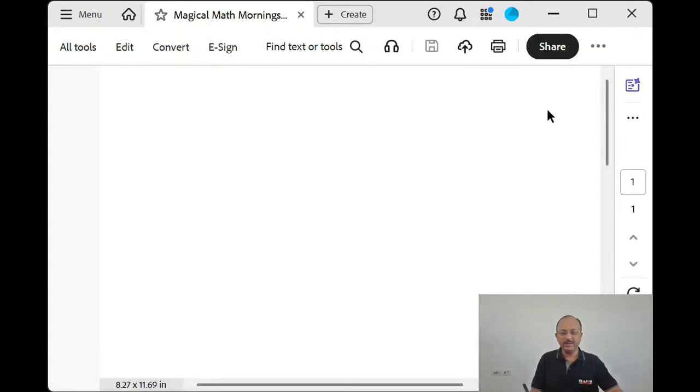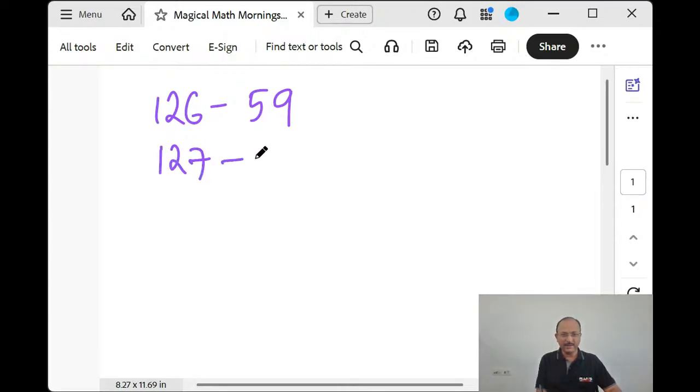Let's take one number, we want to do 126 minus 59. What we do here, instead of doing this subtraction, we'll rewrite this as 127 minus 60. That means the number which is closer to the tens, we take it to the next 10 by adding 1.